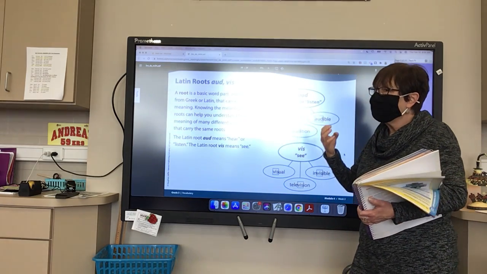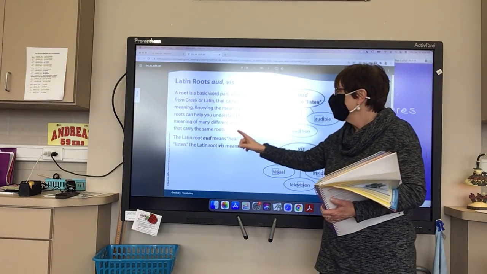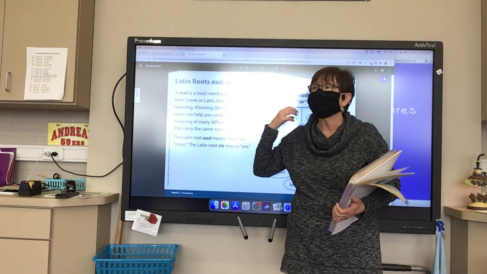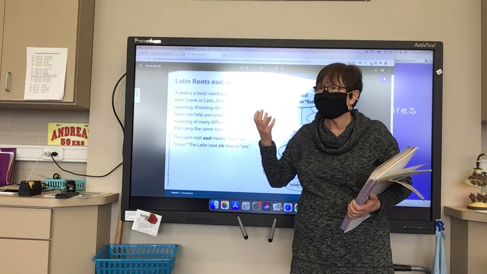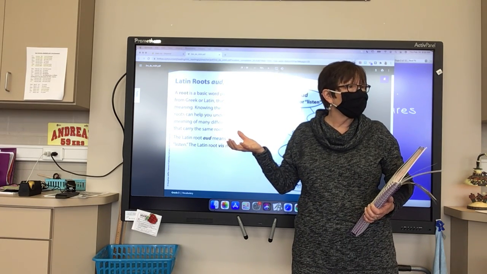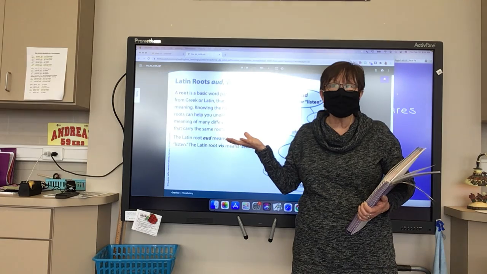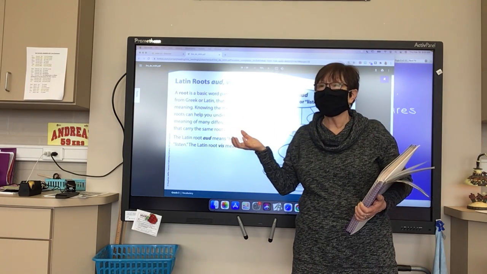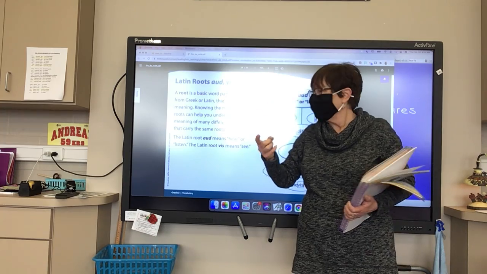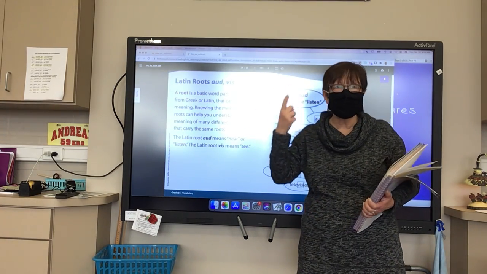Now we also have vis, V-I-S, which means see, so it has to do with your vision. Does anybody ever get their glasses at Vision Works? It's a place where you get your eyes checked. Vision, V-I-S, has to do with seeing.